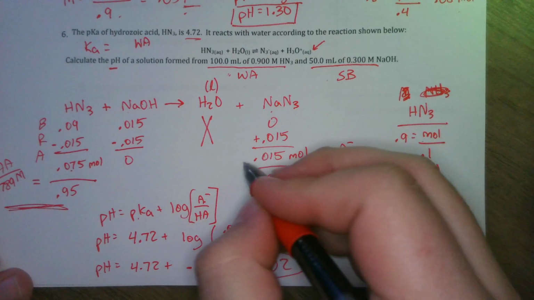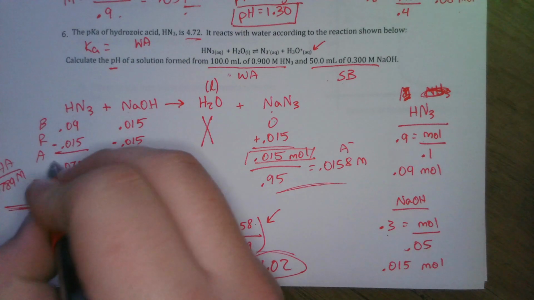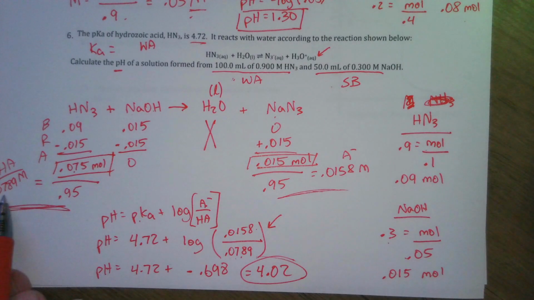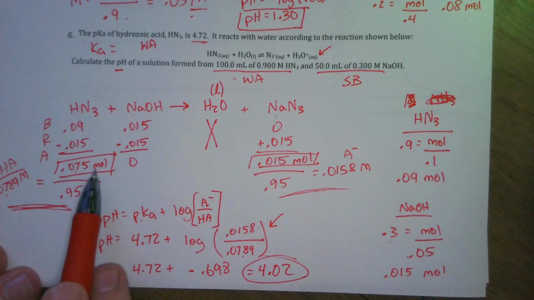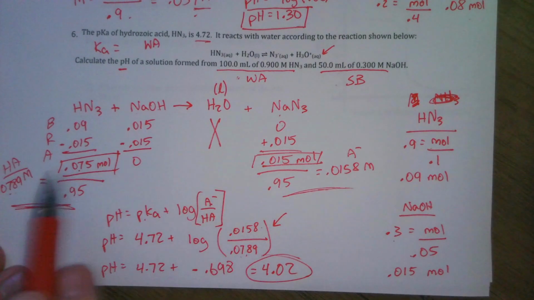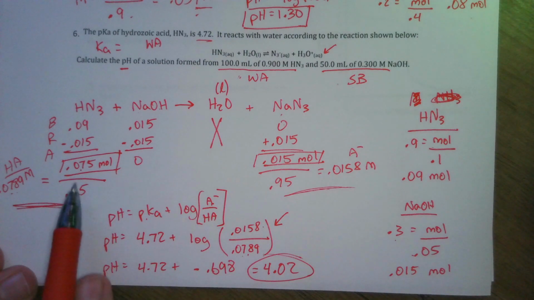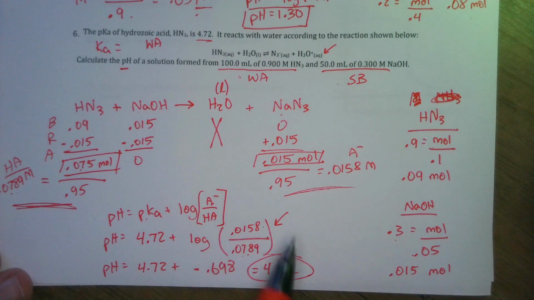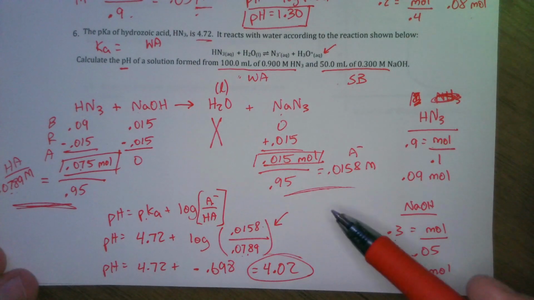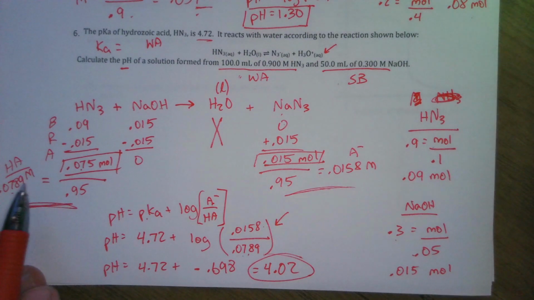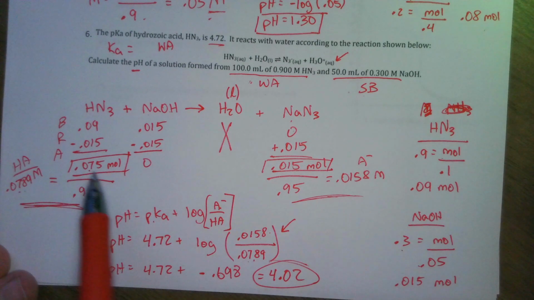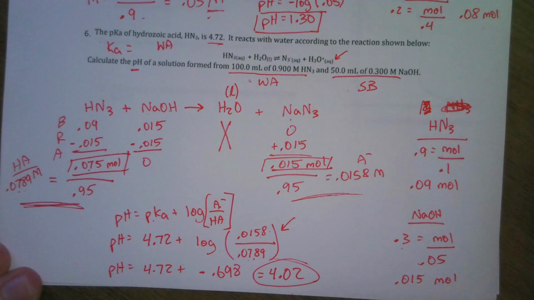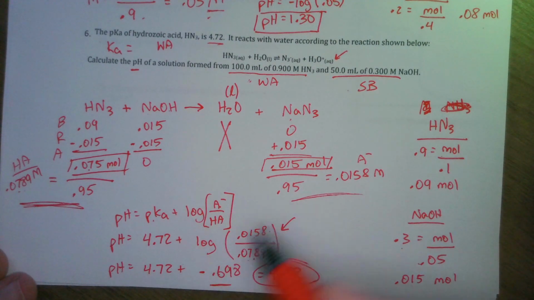So if you used these numbers instead of these numbers, you would get the exact same answer, because the ratio here, 0.075 to 0.015, is the exact same as this ratio, because you divided each of them by the same number. That usually isn't the case, though, so that's why I went through the steps and did it the formal way by plugging molarity in here. But technically, if you left off that step, you would get the exact same answer. Even though these numbers are different, this number would be the same because we're looking at the log of a ratio.